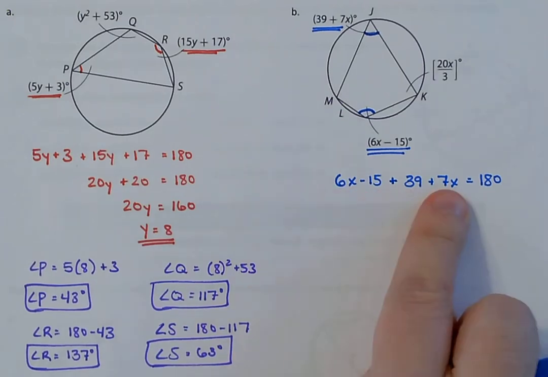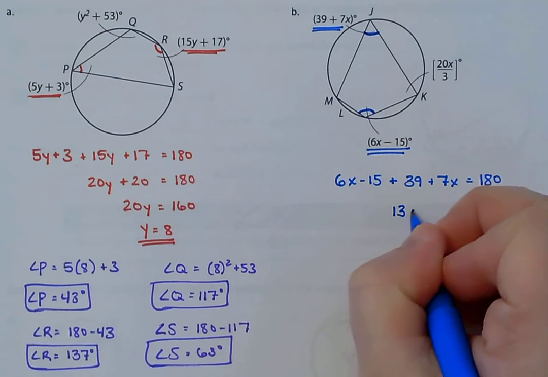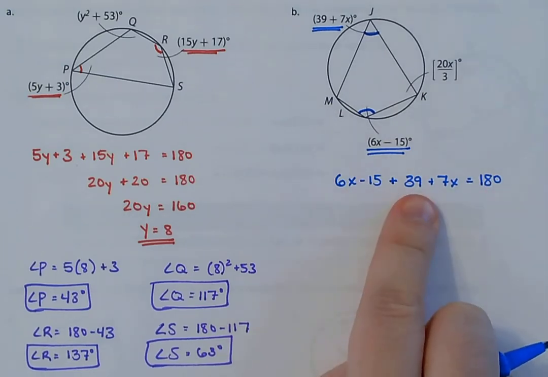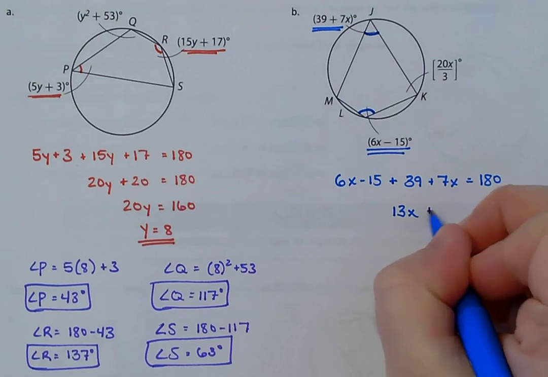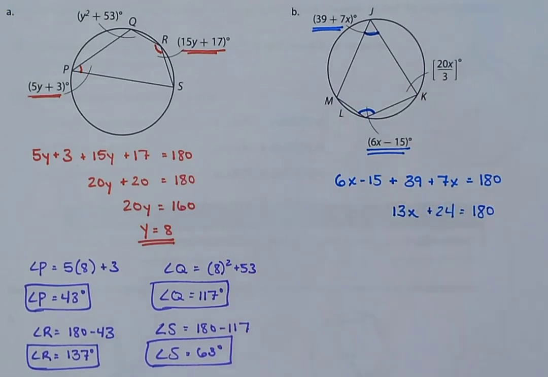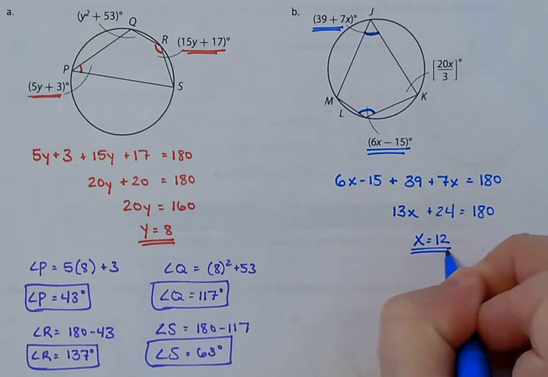So the 6x and the 7x gives us 13x, and negative 15 and 39 gives us 24. So we end up with 13x plus 24 equals 180. From here, it's really easy to solve. Subtract the 24, divide by 13, and that tells us that x equals 12.